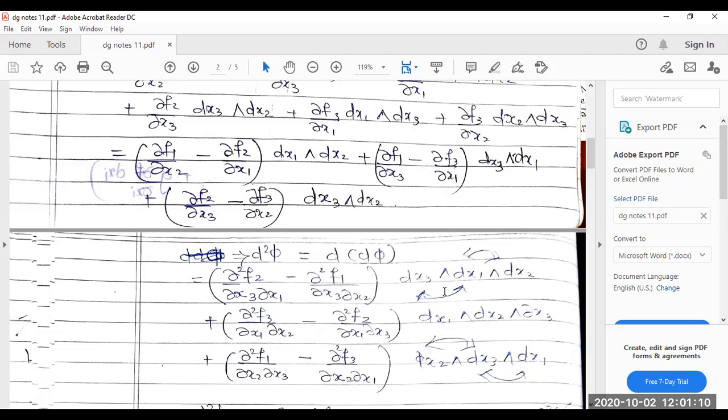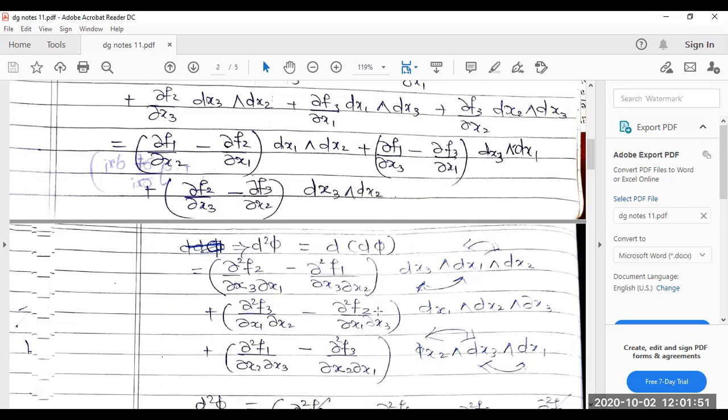If you perform a change of order, there will be the introduction of one negative sign, because a cross b is equal to minus b cross a if a and b are any two vectors. In a very similar way, if phi and psi are any two one-forms, then phi wedge psi is equal to minus psi wedge phi, or in general dxi wedge dxj is equal to minus dxj wedge dxi. Hence now if you perform the change of order two times, minus minus is plus. We'll keep the second term as it is, again performing the change of order.